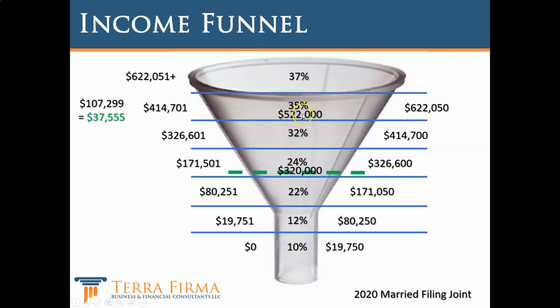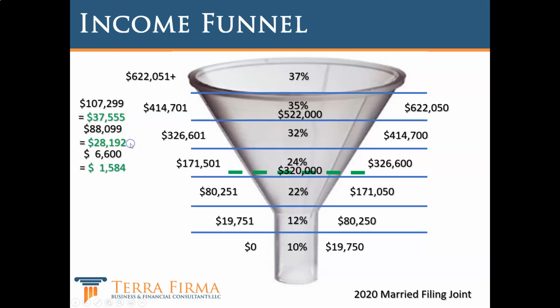Okay, so when we take his 522 and subtract the 414, that's $107,000 that is not being taxed at 35%, or $37,555 in tax savings. Then we go down to the next bracket. So his 414,700 to the 326. So this entire bracket he's saving, that's $88,099, and that's a total tax savings of $28,192.